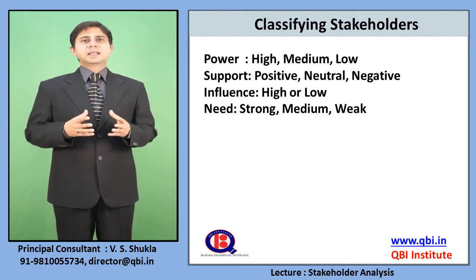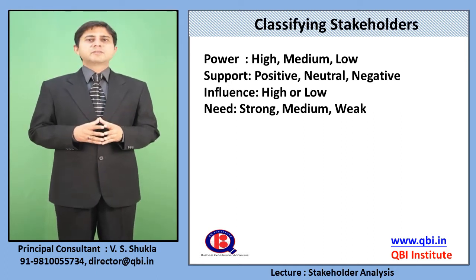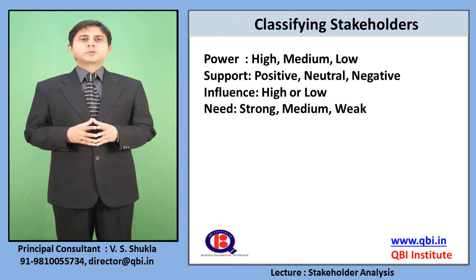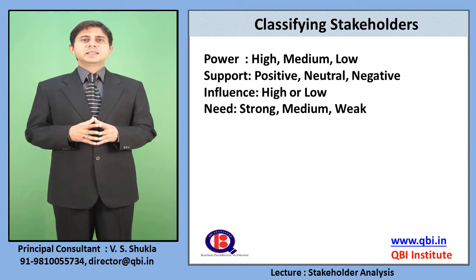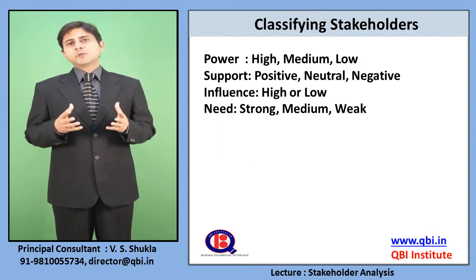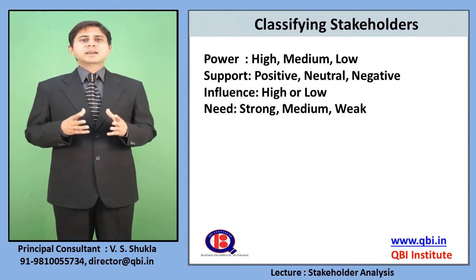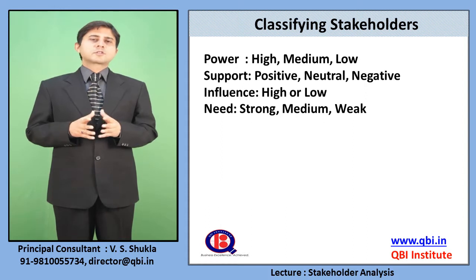Someone who is a departmental head or head of the organization will have very high power. Support can be positive, neutral or negative. It depends on the attitude of the person. Then influence, whether that person can influence the project highly or doesn't have that kind of influence. Then need or utilization of the project, so strong, medium or weak.